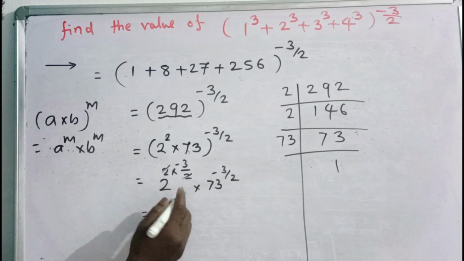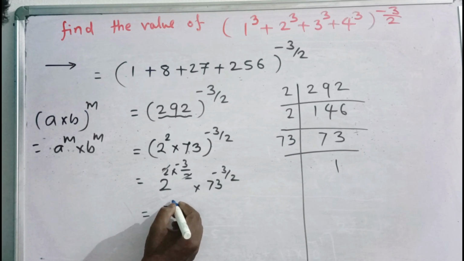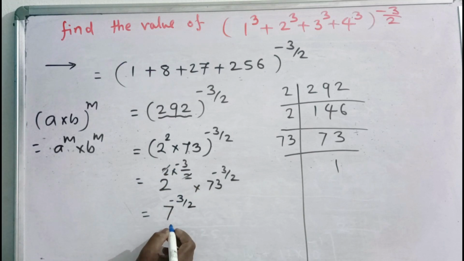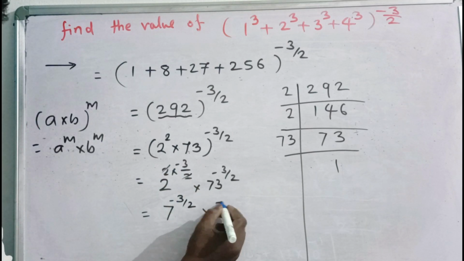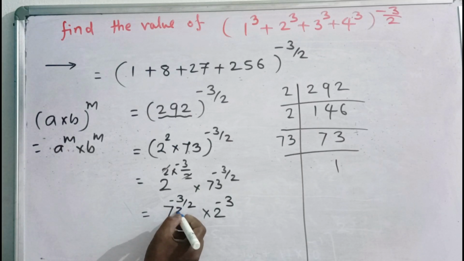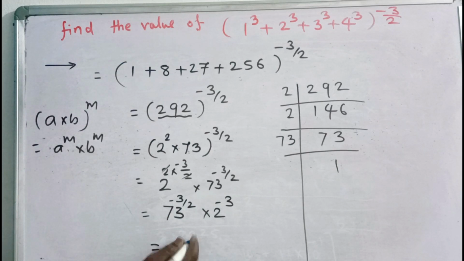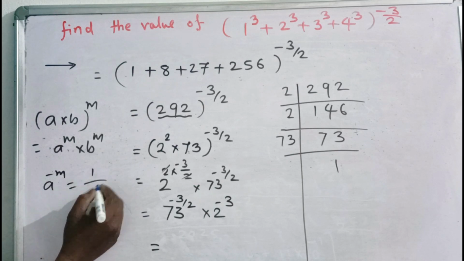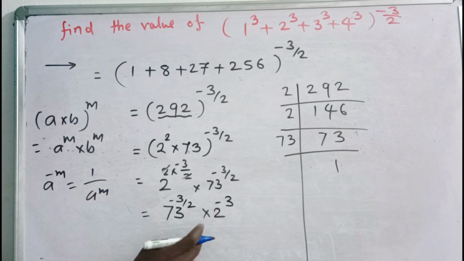73 raised to the power minus 3 by 2 into 2 raised to the power minus 3. We will take this down, so what will happen: 73 plus. a raised to the power minus m is nothing but 1 upon a raised to the power m.